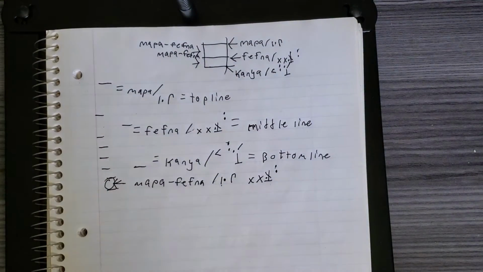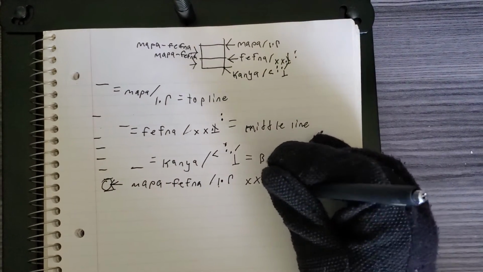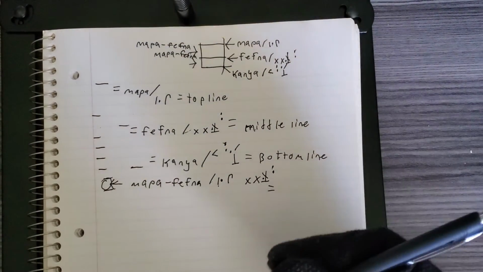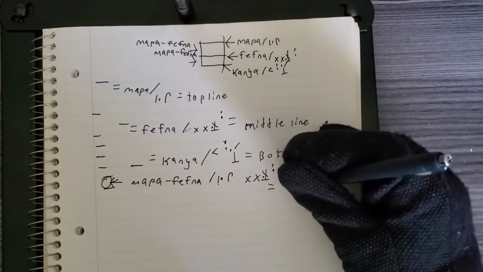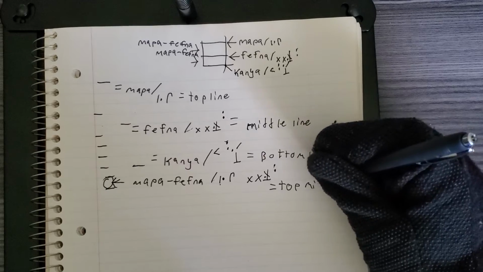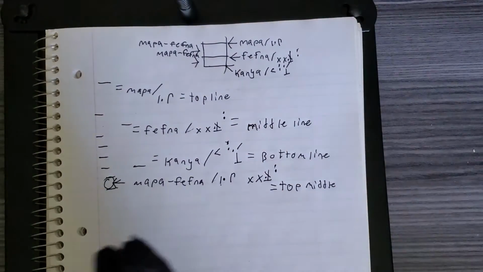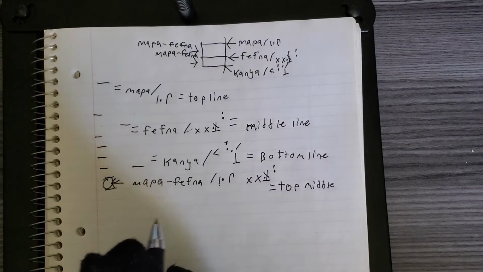So what does mapa-fefna equal? It quite literally just means top middle. And then of course you could put space, but that's just included already.